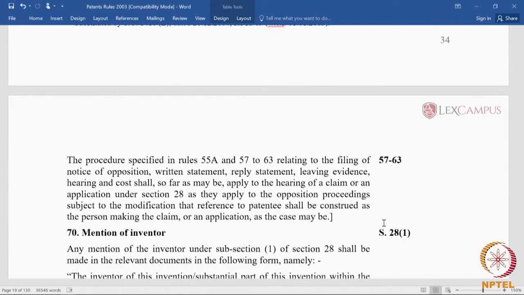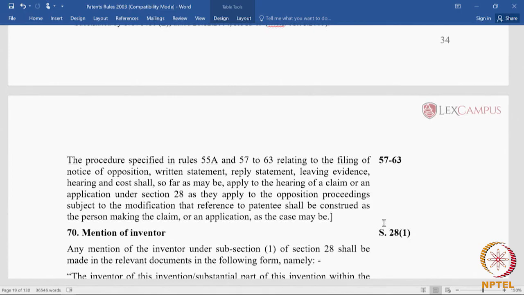Rule 55A and rules 57 to 63 generally talk about the procedure in a post grant opposition. Post grant opposition is an opposition filed under section 25(2). So, post grant opposition is the ideal example of a contentious proceeding before the patent office.